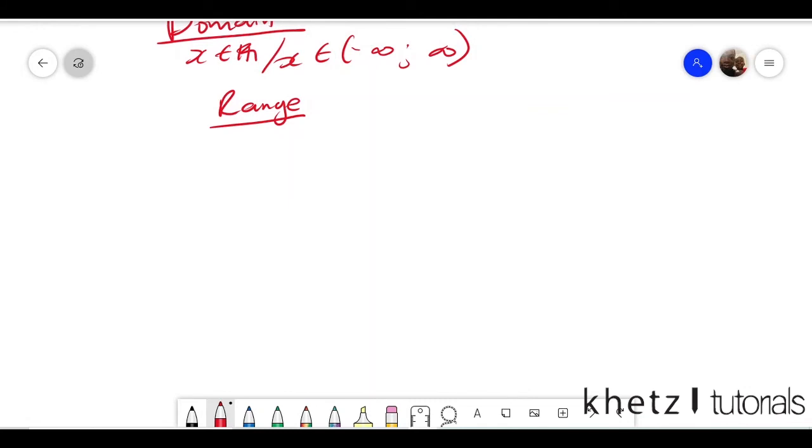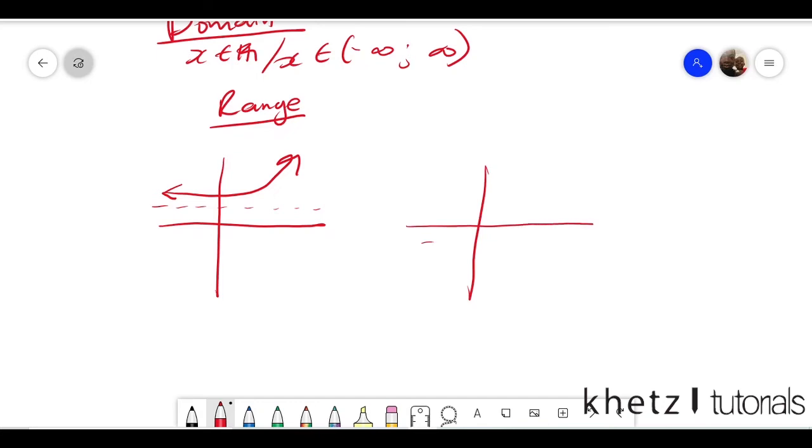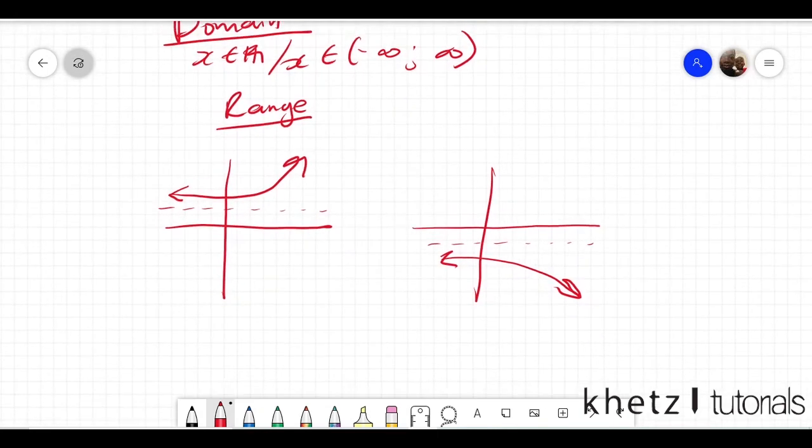If you have an increasing graph, let's say the asymptote is here, it doesn't really matter what the asymptote is, I just want to show you something real quick. If you have this, which is an increasing function, and you also have something like this, which is a decreasing function and which is below, let's have another increasing function.